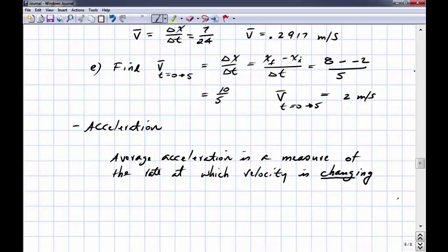And we're going to emphasize that word. With respect to time.